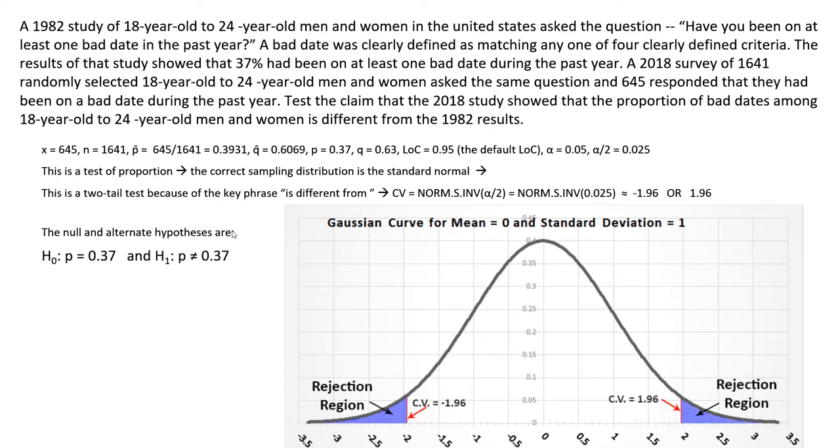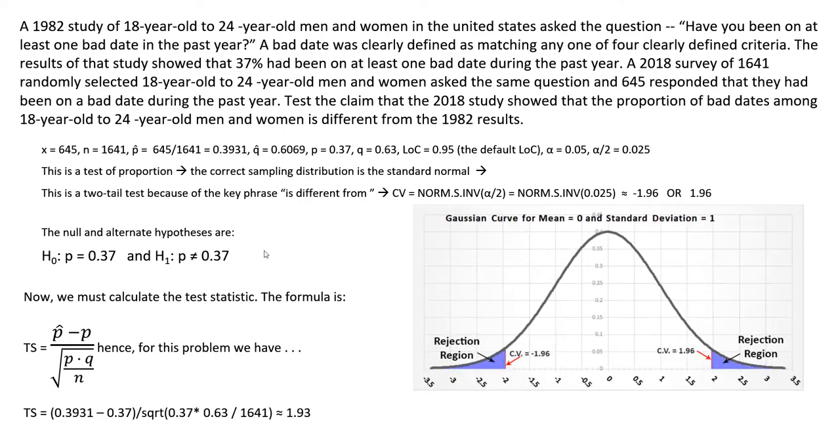The null and alternate hypotheses are, my null hypothesis is P equals what we commonly accept as truth, unless this study tells us otherwise, and that is from the study that was conducted in 1982, 37% or 0.37. My alternate hypothesis, because this is a two-tailed test, is P is simply not equal to 0.37.